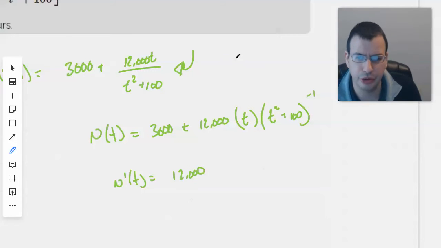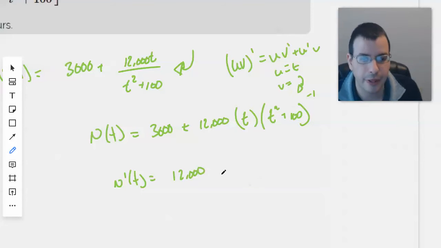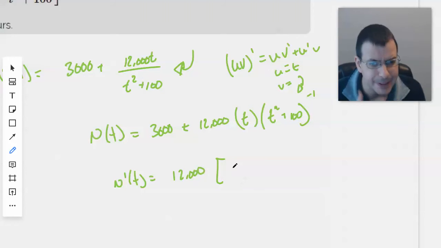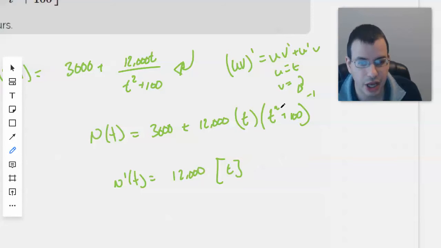Now we do the product rule, where the product rule is uv prime equals u v prime plus u prime v, where u will be t and v will be the other one right there. So try and do this all in one fell swoop. We'll have t, check, times this prime, so that will be negative 1 times t squared plus 100 to the negative second.